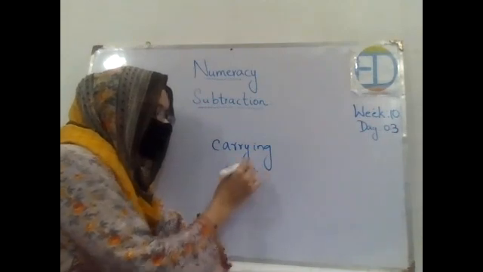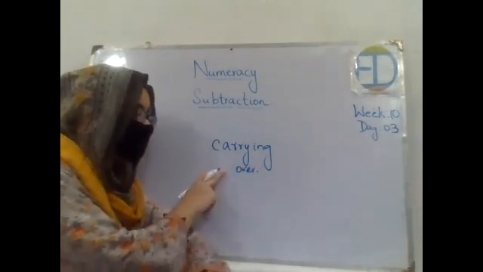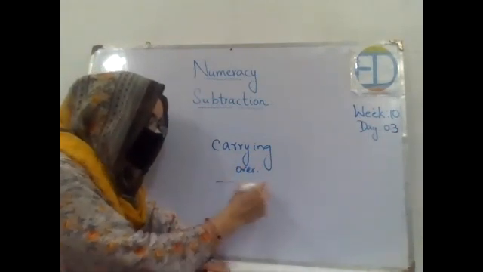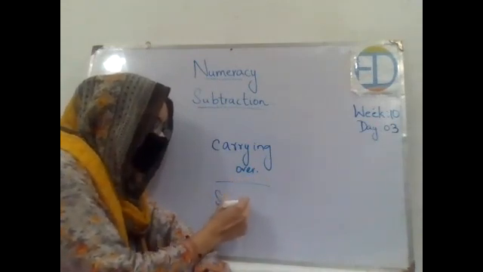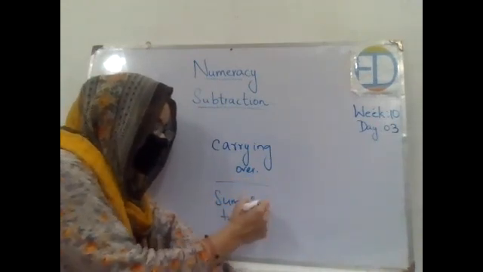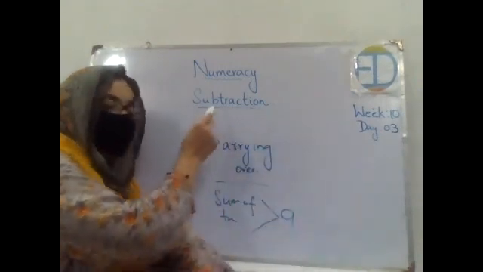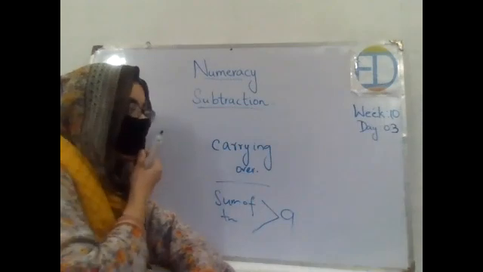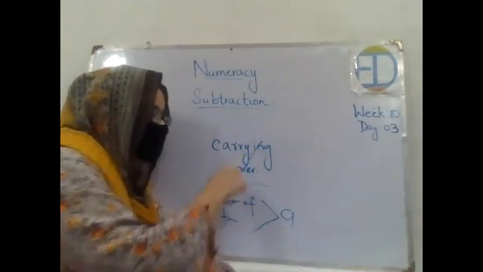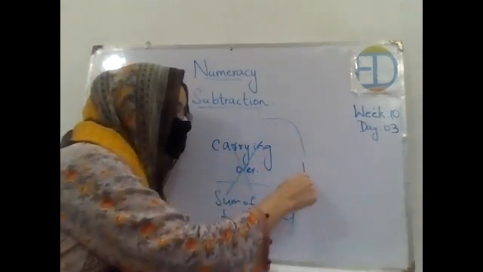With carrying over, when the sum of two or more digits was greater than 9, we take the remainder on the top of the next column, right? Now in subtraction we don't do carrying over, we do borrowing.